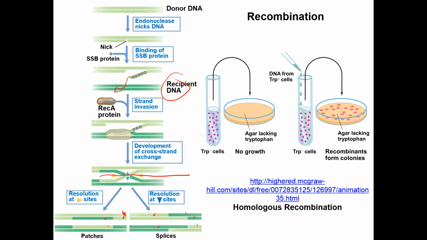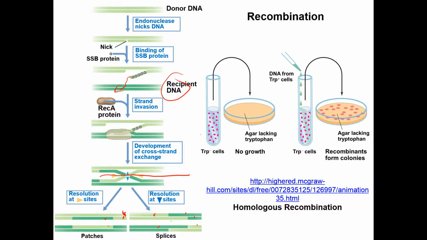Okay, so what happens if you add DNA from bacterial cells that are able to synthesize tryptophan? Again, the media lacks tryptophan, but bacterial cells grow. This is because the DNA from the tryptophan producing bacterial cells has been taken up into the tryptophan minus cells.